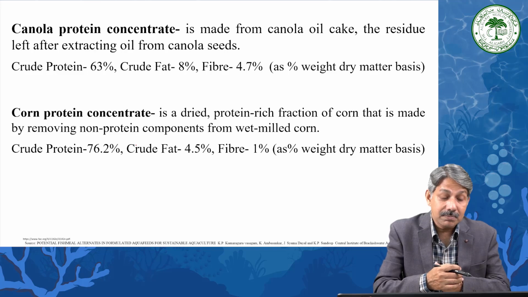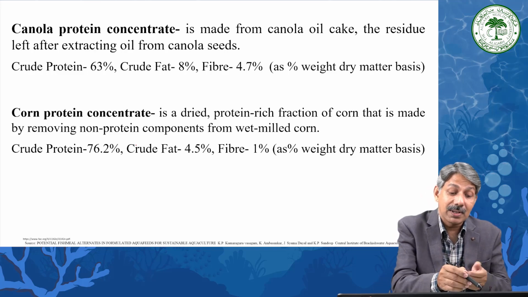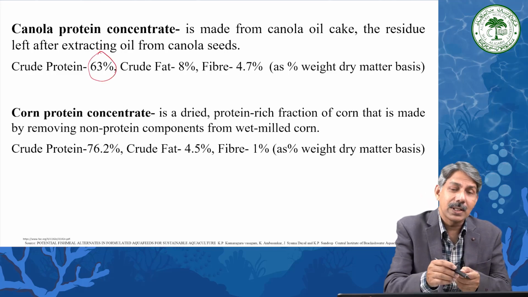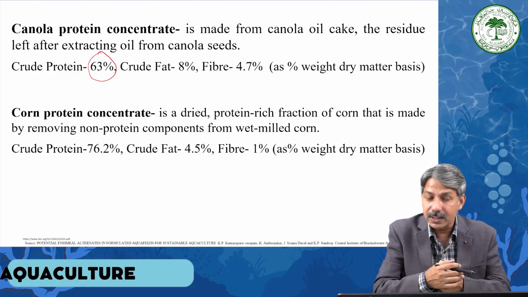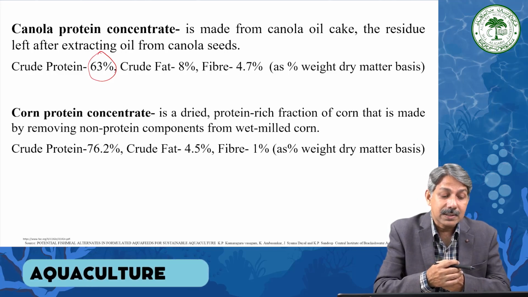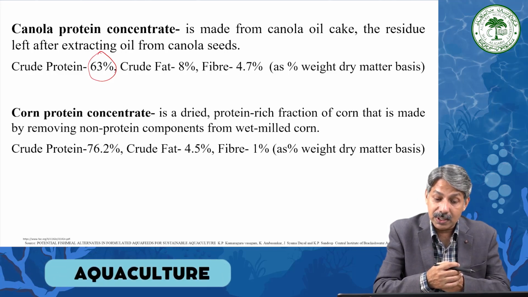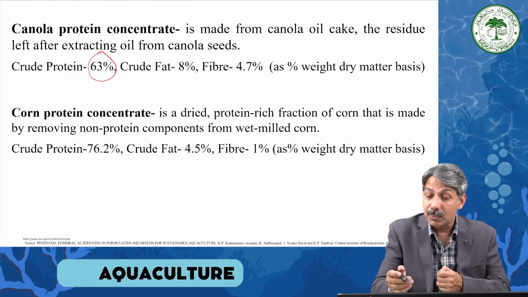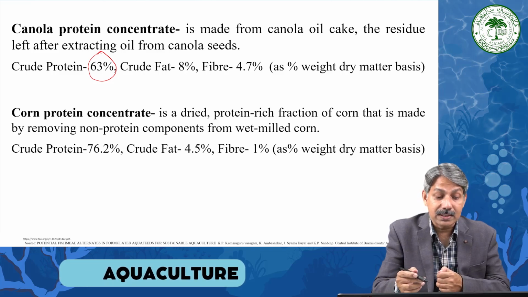Canola protein concentrate is even higher. I told you that depends on many things, including the extraction procedure. Canola protein concentrate has 63% protein, and is made from canola oil cake, the residue left after extracting oil from canola seeds.